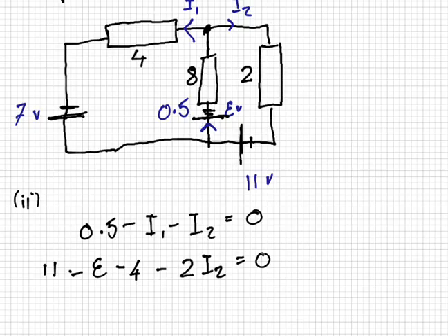I2 equals 0. And then the last one, I'll loop around the left going up. E minus 4 minus 4I1. Now, plus or minus 7? Minus 7, isn't it? Because the battery's the wrong way around.